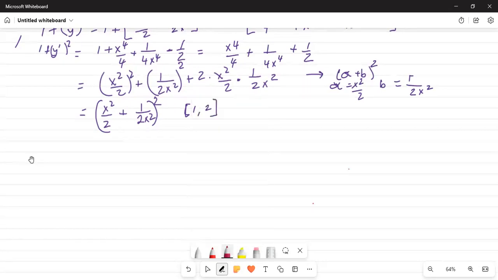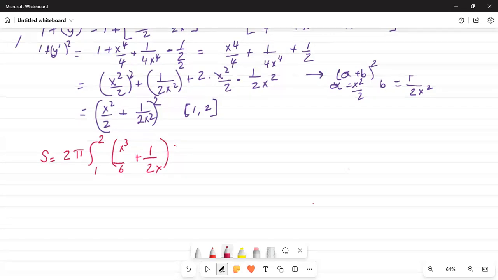So S is equal to 2 pi integration from 1 to 2, x cubed over 6 plus 1 over 2x, that's the original function, times the square root.